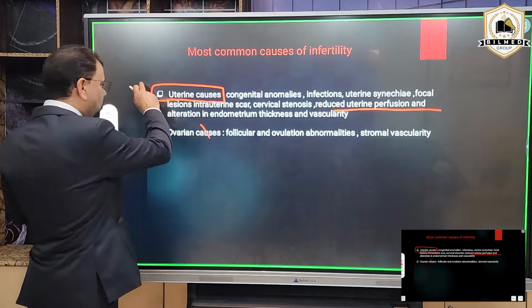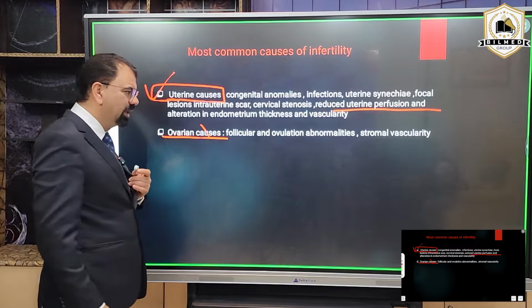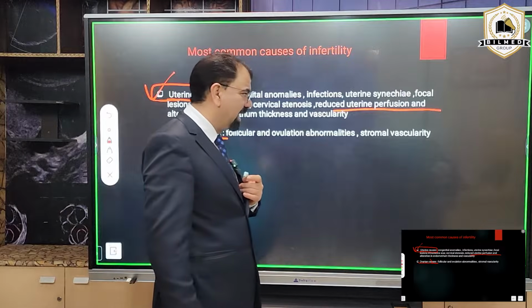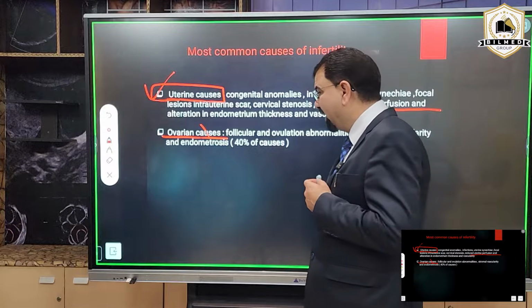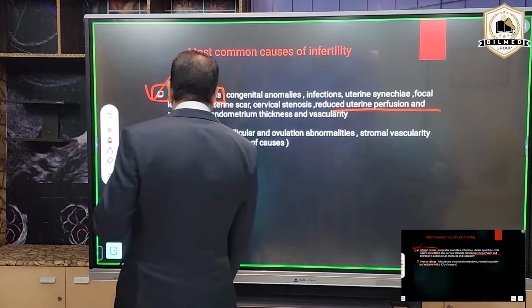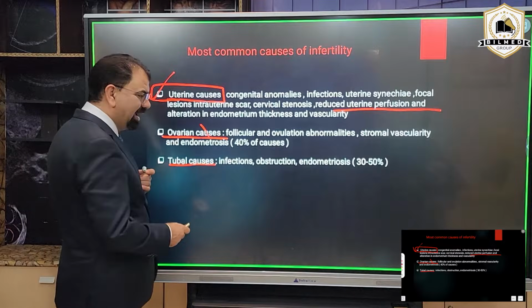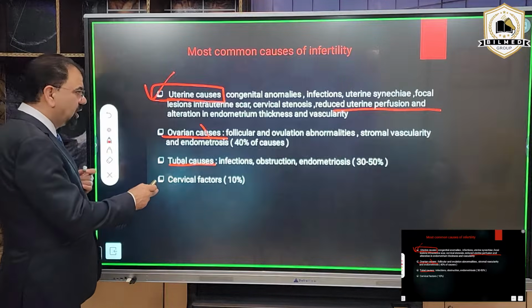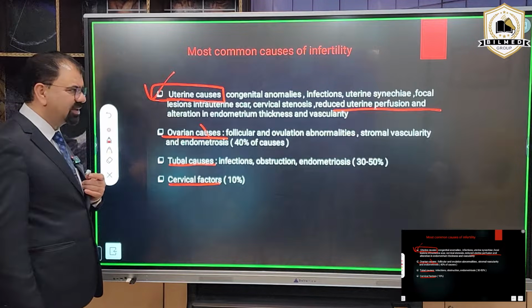Now, this is from the uterus, and from the ovary, the causes can be follicular and ovulatory abnormalities, maybe a stromal vascularity problem, and endometritis. From the tubes, I can have infections or obstructions which can lead to an infertile patient, and there can also be some cervical factors.